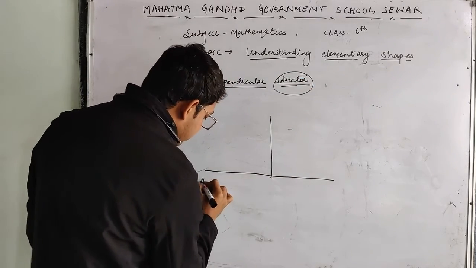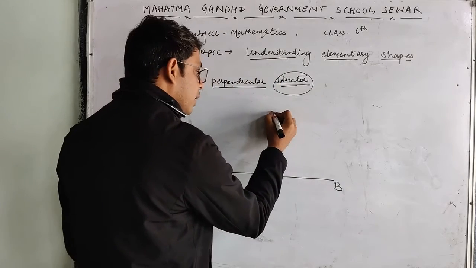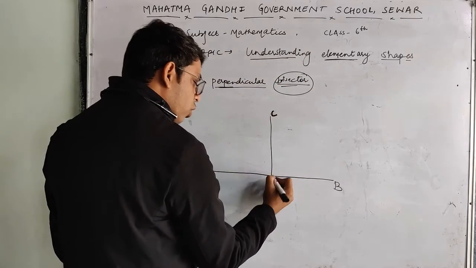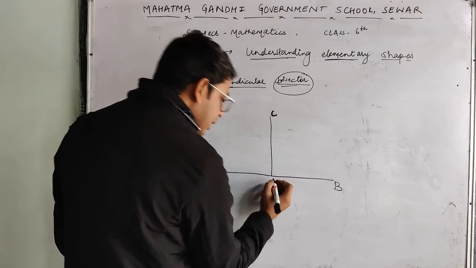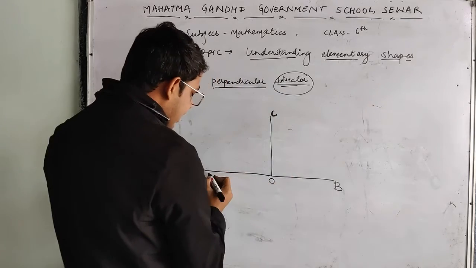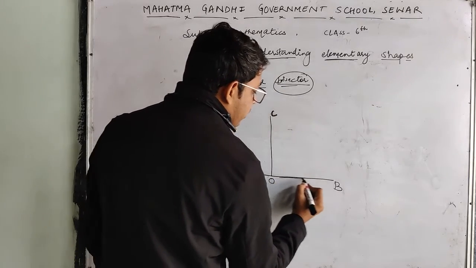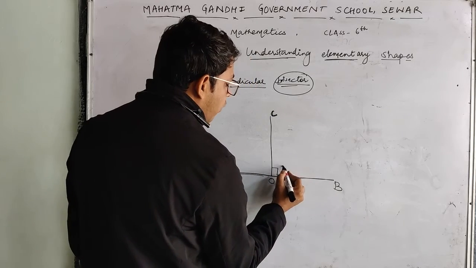If the name of this line is B and a perpendicular C comes on this line, it will divide this line into two and make an angle of 90 degrees.